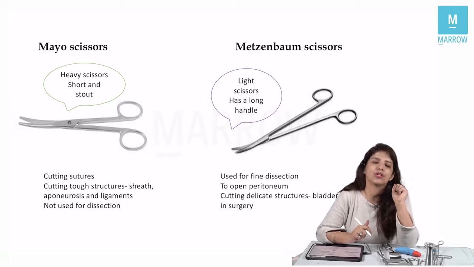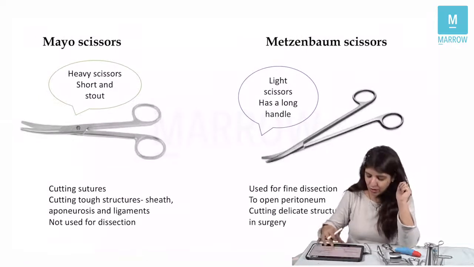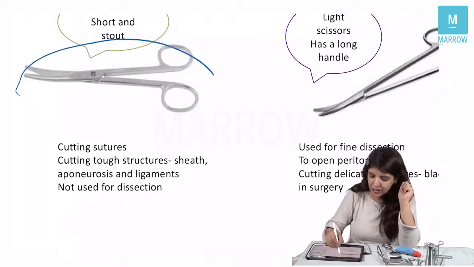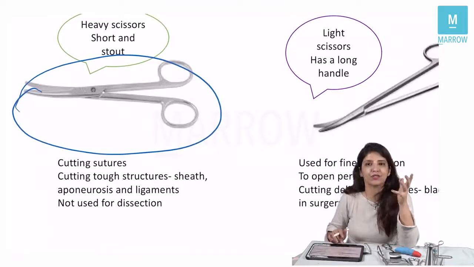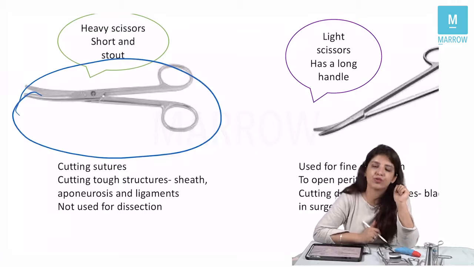In scissors, we have a Mayo scissor and a Metzenbaum scissor. A Mayo scissor is the normal, usual cutting scissor or the surgeon's scissor which you say. It is heavy and it is stout. So, a heavy, stout, short scissor is a Mayo scissor. Since a Mayo scissor is a heavy scissor, it is used to cut tough structures.